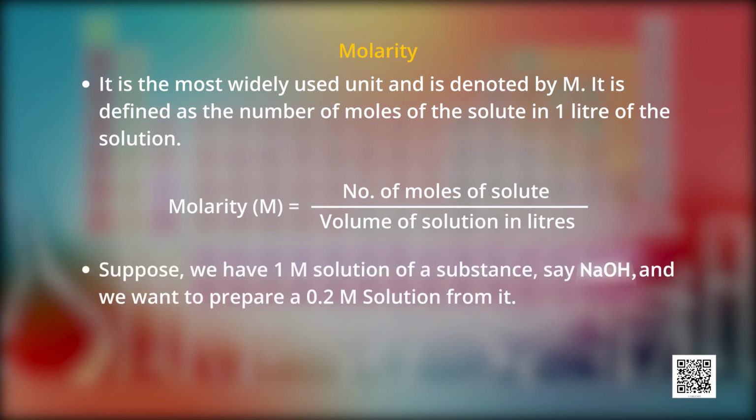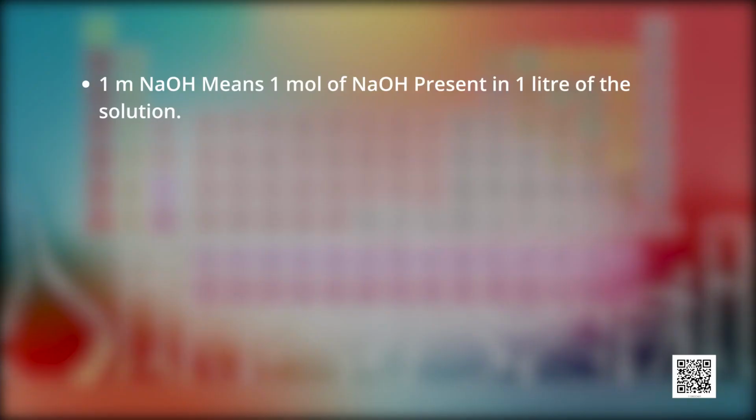Suppose we have 1 M solution of a substance. We can consider sodium hydroxide and we want to prepare 0.2 molar solution from it. So first we will do the calculation. 1 M NaOH means 1 mole of sodium hydroxide present in 1 liter of the solution.